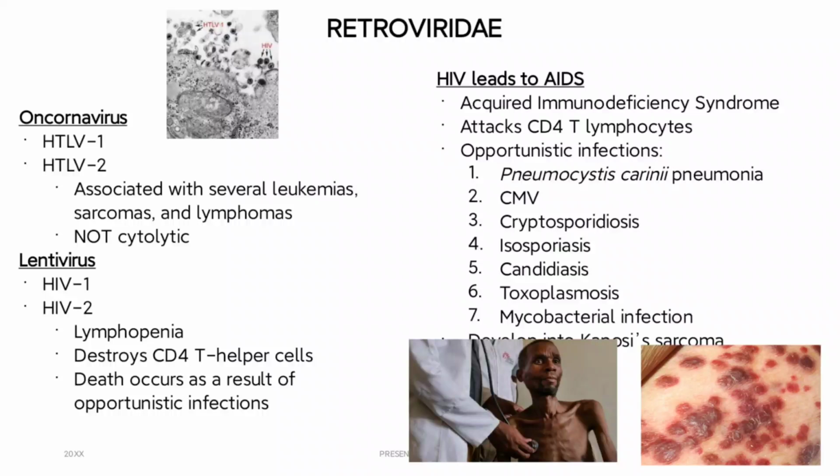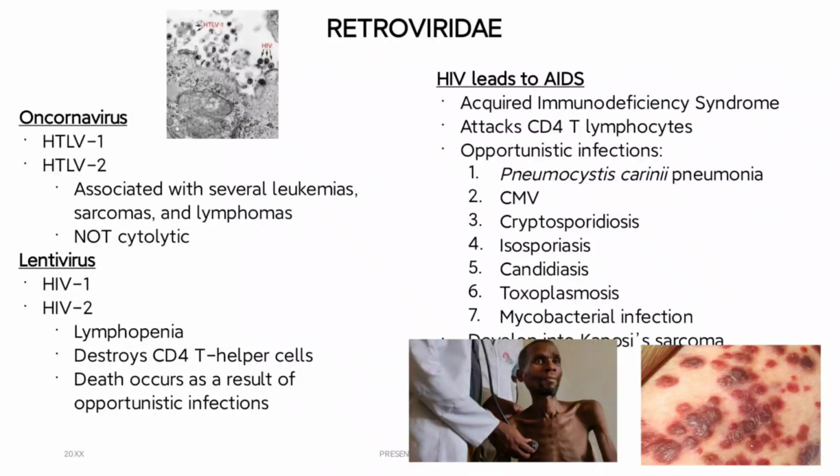And then, of course, those CD4 T helper cells, as discussed in your immunoserology, help in immunity, in the immune response, no? So, when those are low, your immunity from diseases is also low.